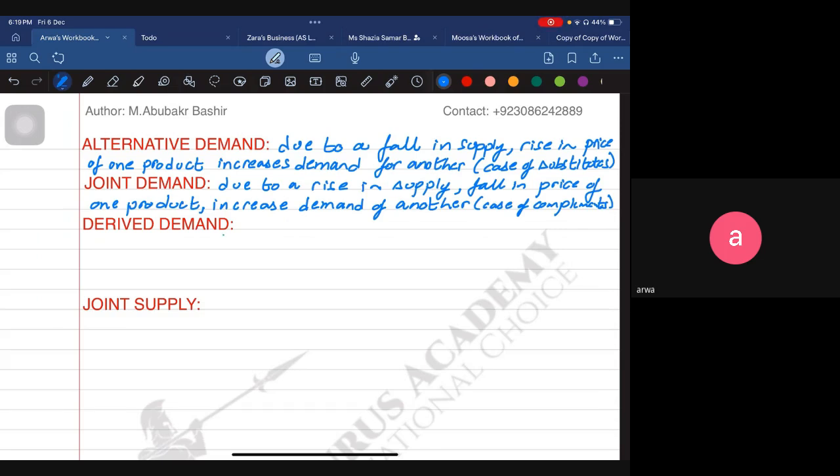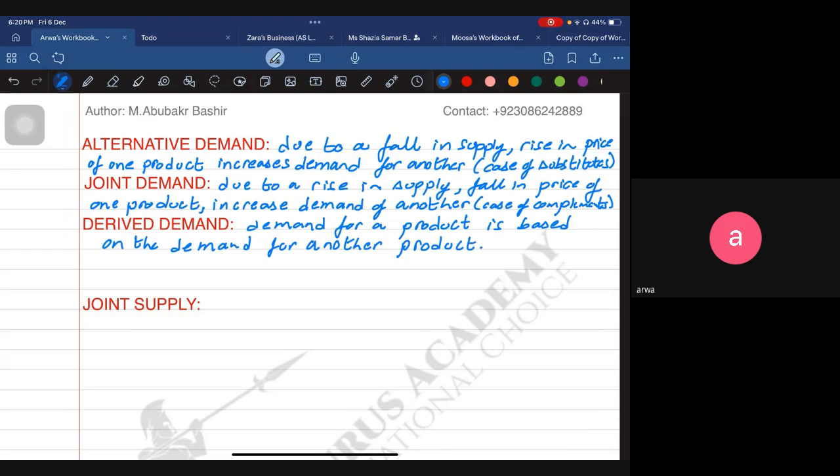It is a situation where demand for a product is based on the demand for another product.